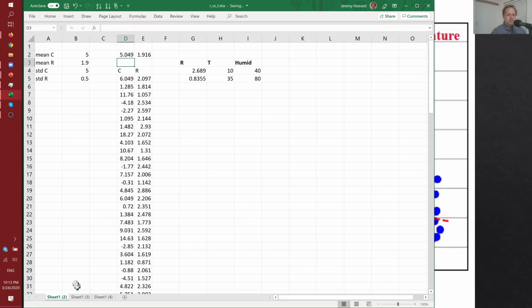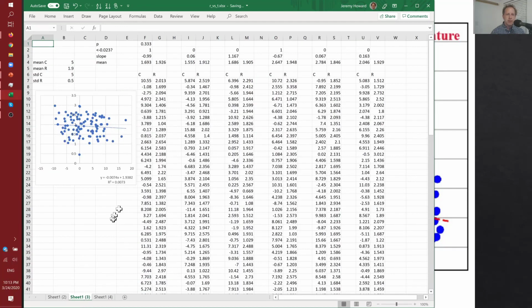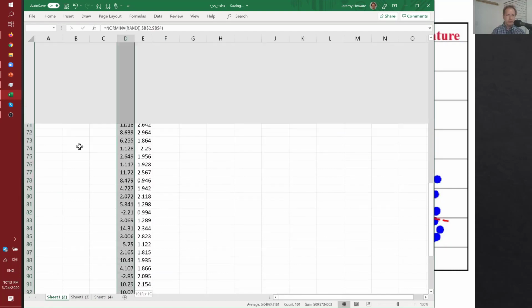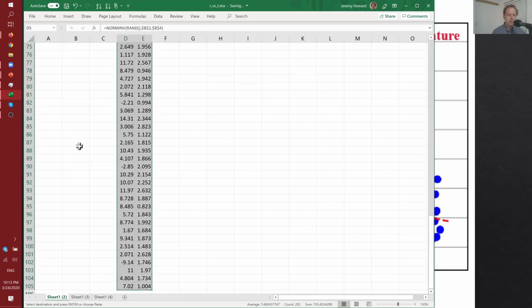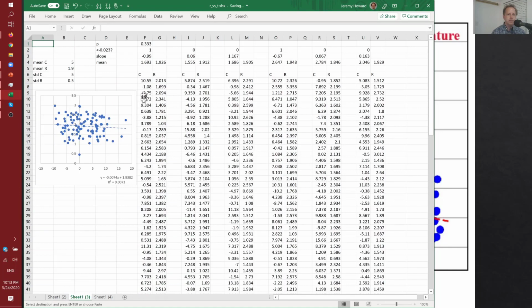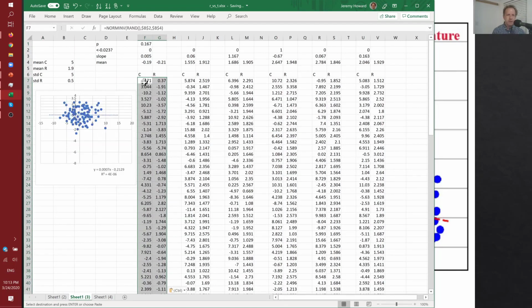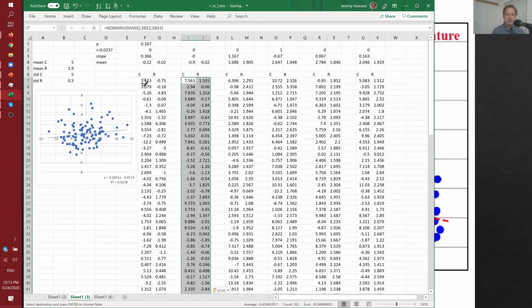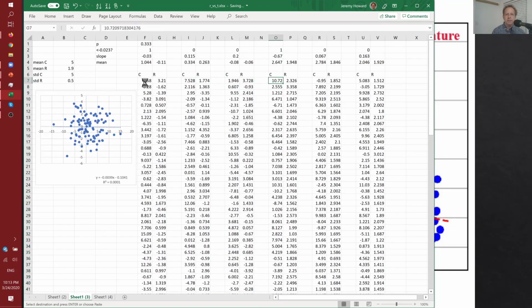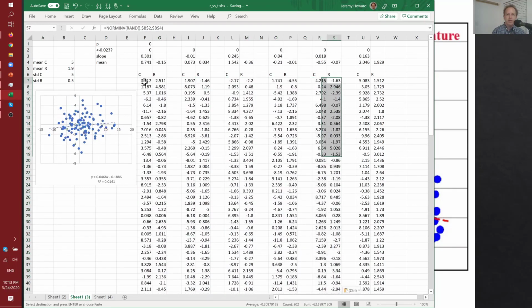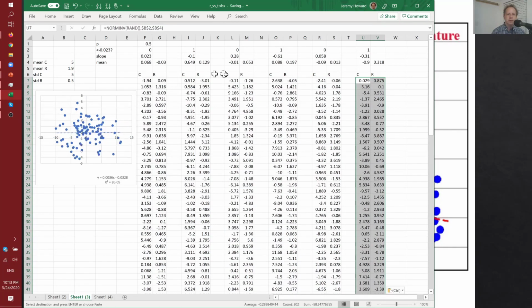So then what I did was I copied those random numbers over here. Let's actually do it. I'll copy these 100 random numbers and paste them here, here, here, here. So now I've got 1, 2, 3, 4, 5, 6 groups of 100 cities.